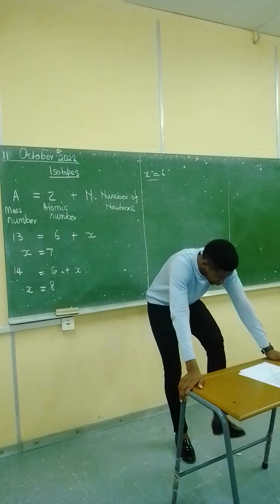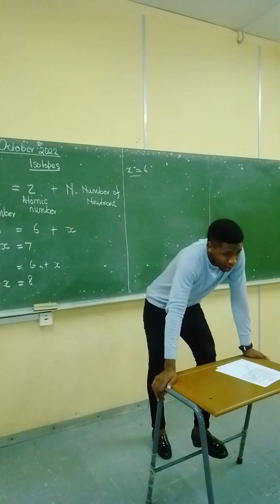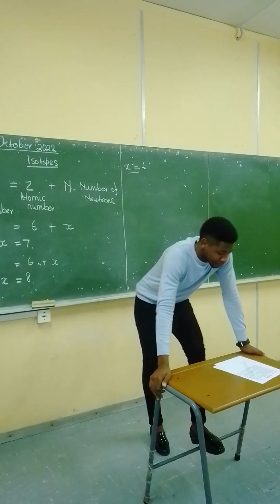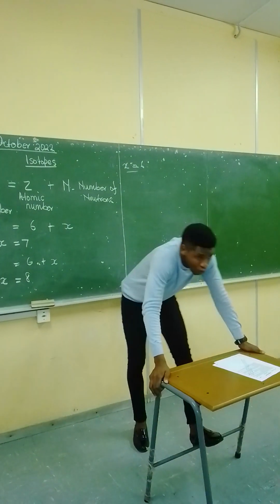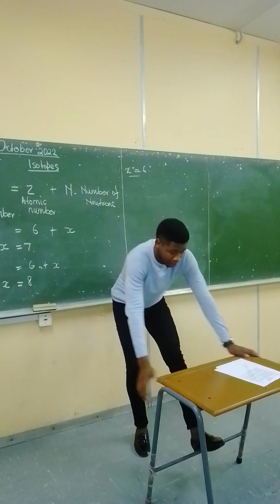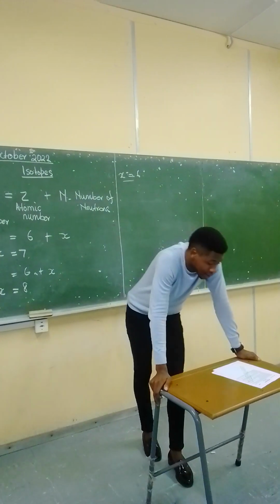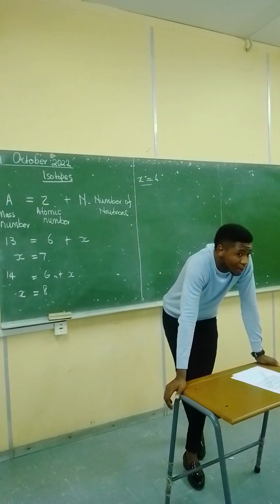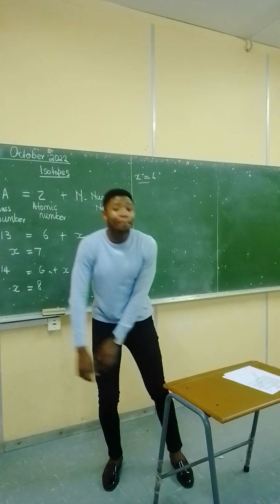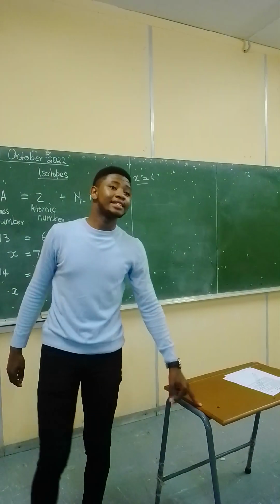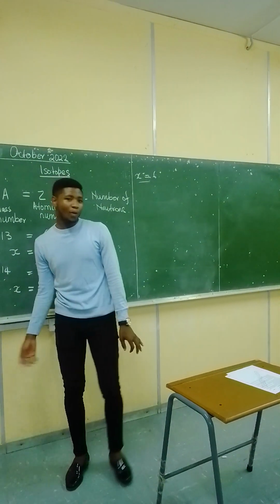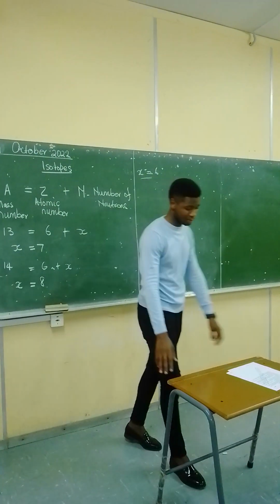Now, if we talk about the periodic table that I gave you the last time, if you check there, you've got two numbers and then the symbol of each element. These numbers are what you call the atomic number and the average atomic mass. We are still going to talk about the average atomic mass.